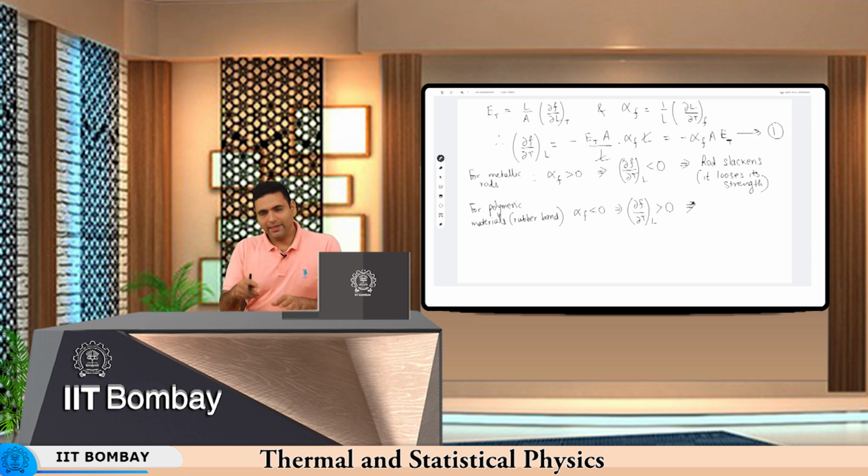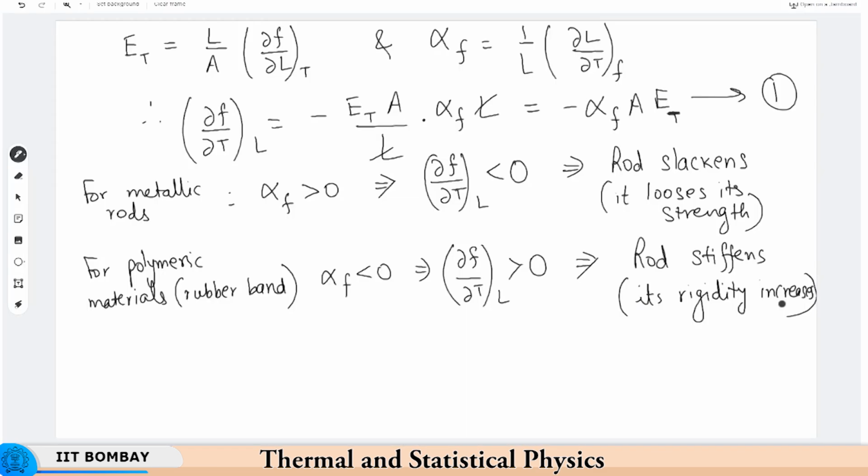Now again if you imagine, I am holding a rubber band to maintain its length, and I am increasing the temperature. Since rubber bands tend to contract and shrink upon heating, I have to apply a greater and greater amount of force as I increase the temperature. Which means the rod stiffens, so basically its rigidity increases, it becomes more and more rigid, it becomes stronger in that sense. So that is the first result that we can already imagine happening.